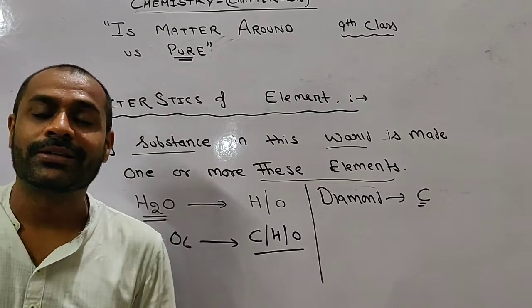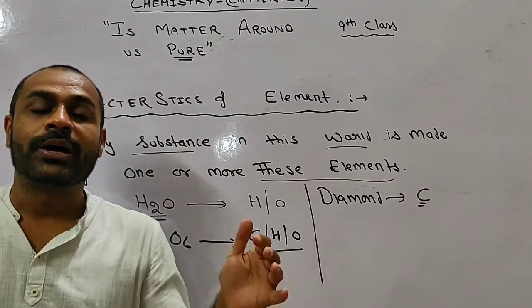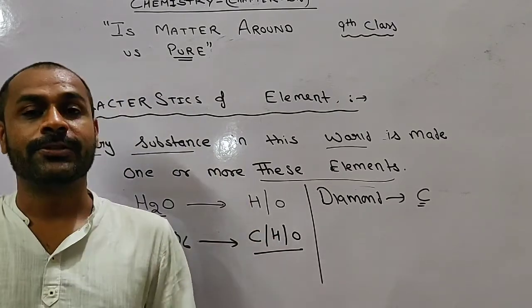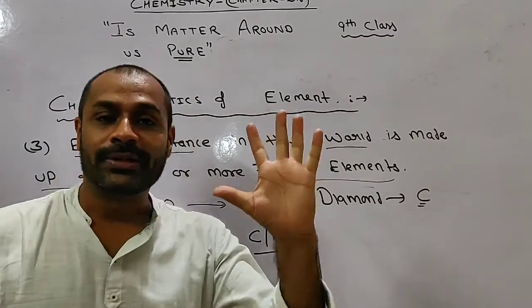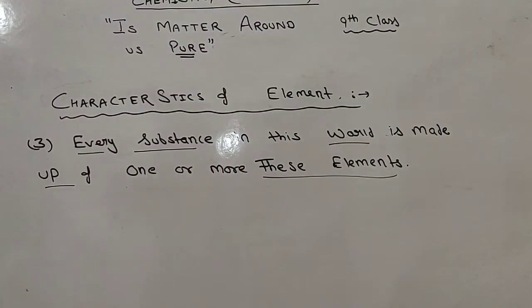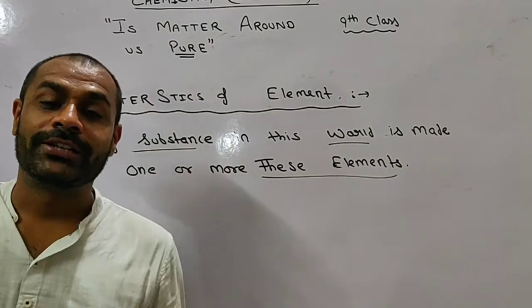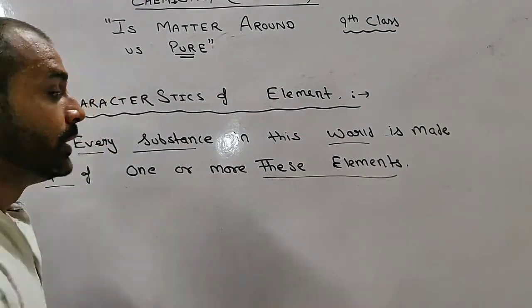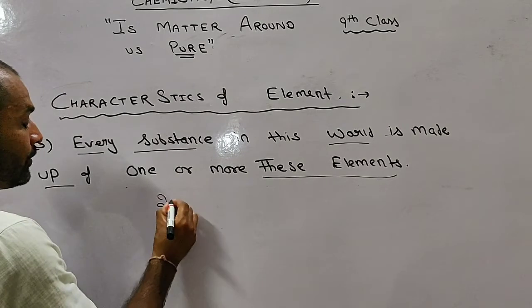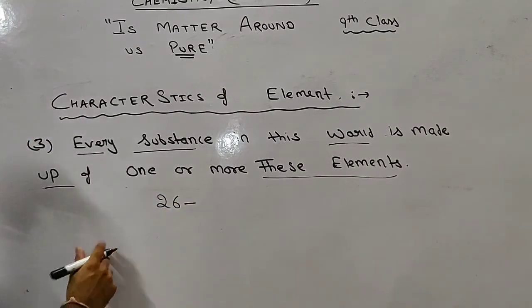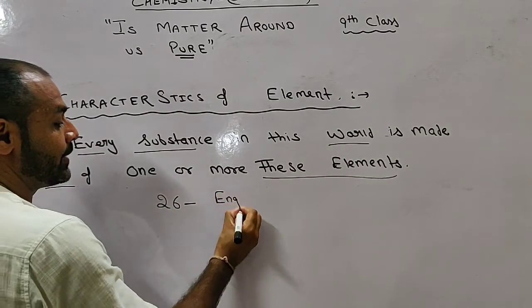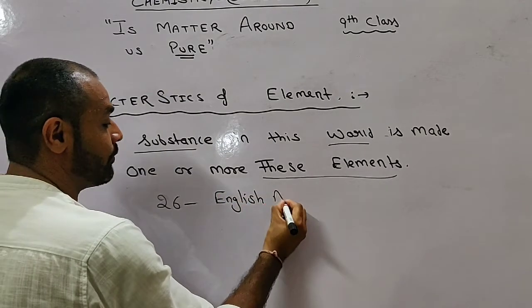Every substance in this world is made up of a combination of elements or by a single element. We can even correlate these elements with the letters of the English alphabet. There are 26 letters in the English alphabet.